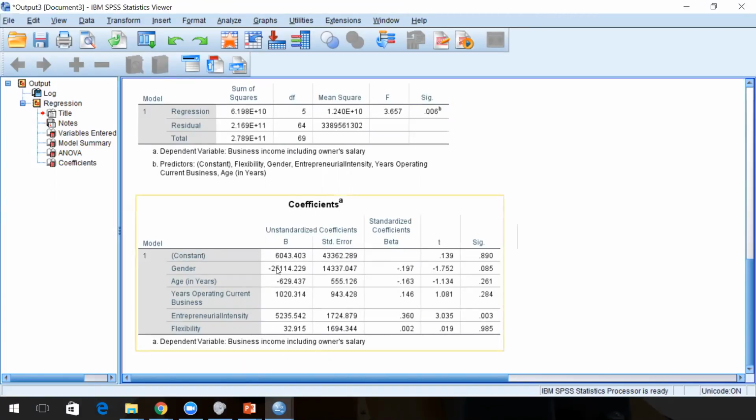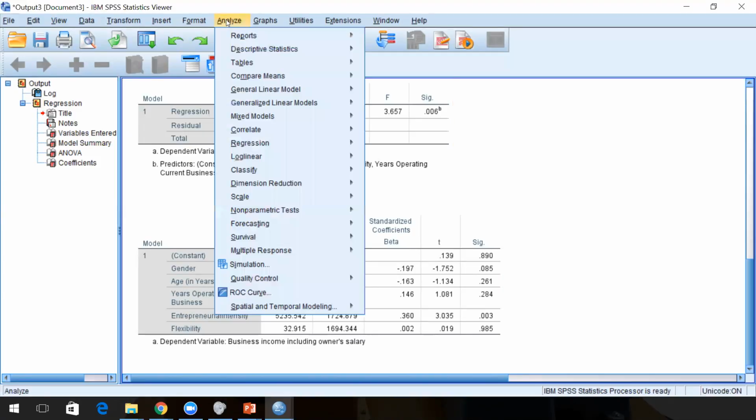We have gender, actually a very strong coefficient for gender, which I believe we coded at 1 for males, which means the males are actually earning less than the females. Age is negative, interestingly enough. Years operating the current business is positive. That kind of makes sense. Intensity is positive, and flexibility is positive as well.